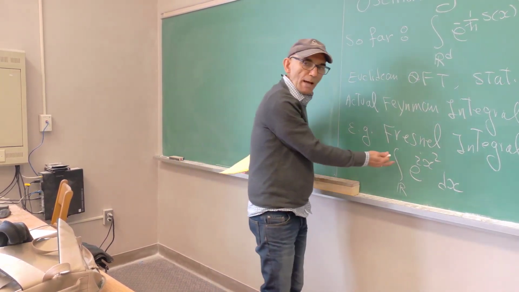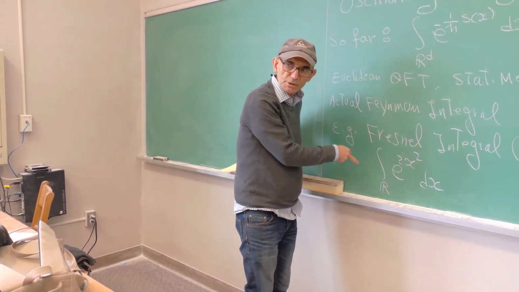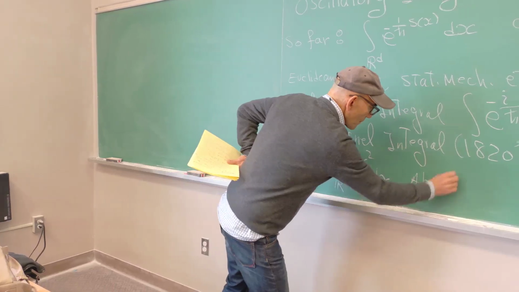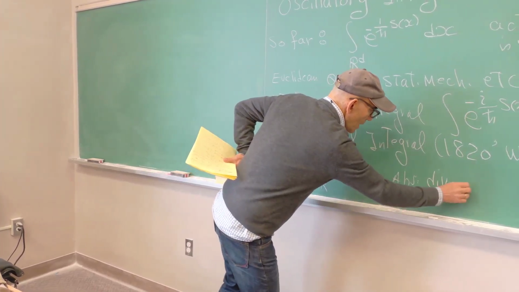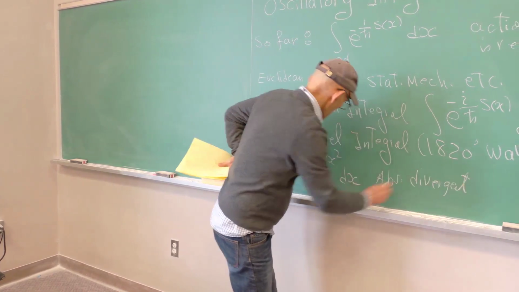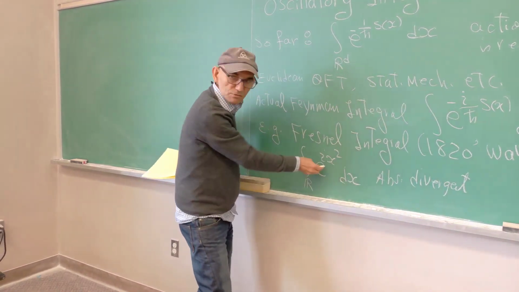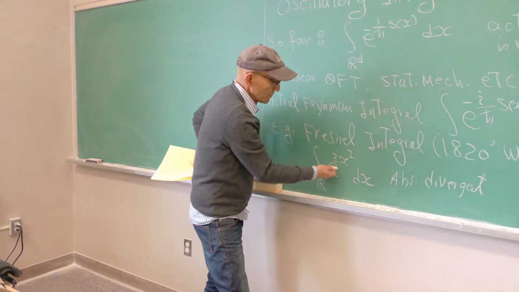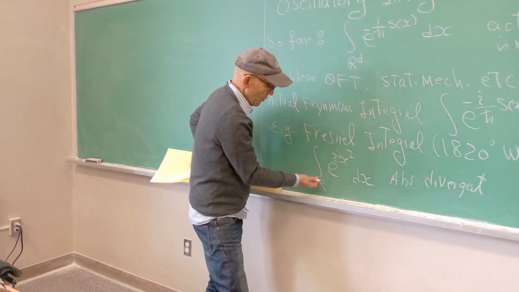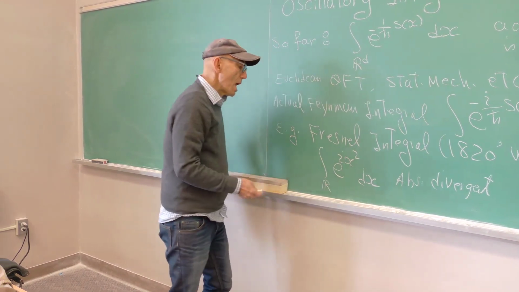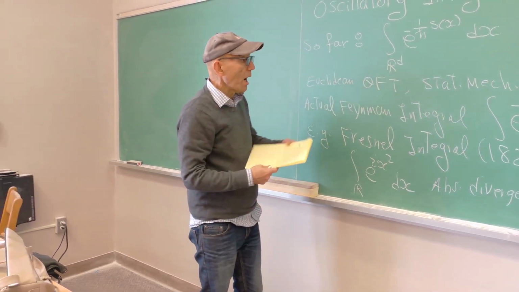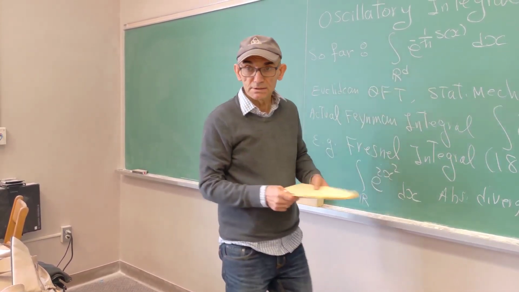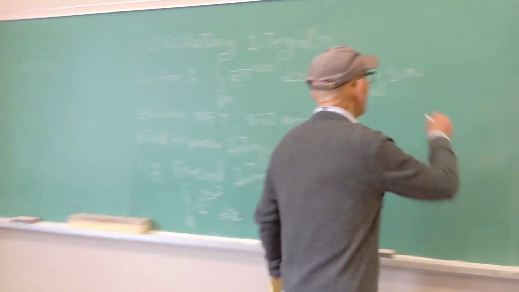And of course, this is absolutely divergent, because the absolute value of this guy is 1. So you're integrating 1 over R if you want to do it by absolute convergence, so this is divergent. However, these integrals are conditionally convergent, and that's the important difference.